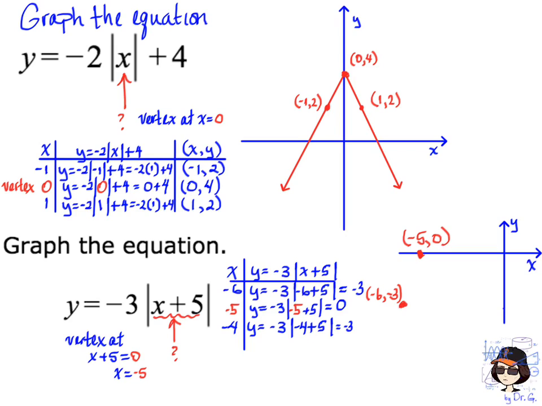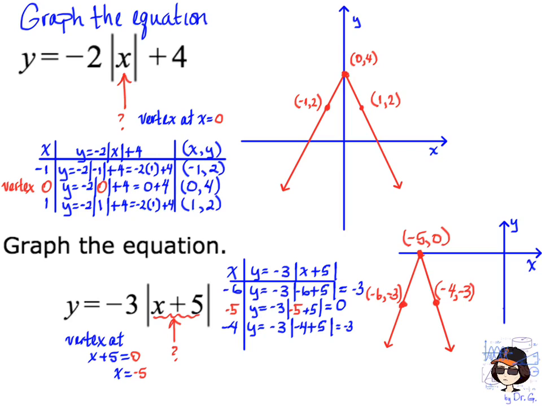And so that point has x-coordinate -4, so go to the left 4 and down 3. And connect those dots, and there's my graph. So once again, we have an upside down V.